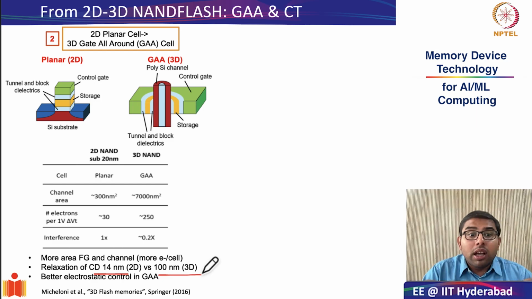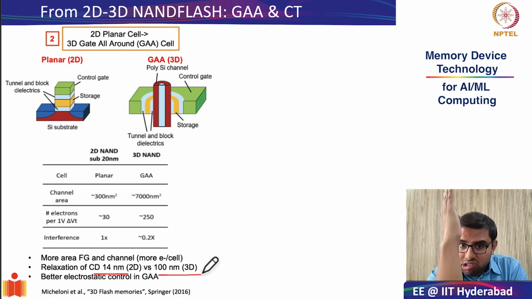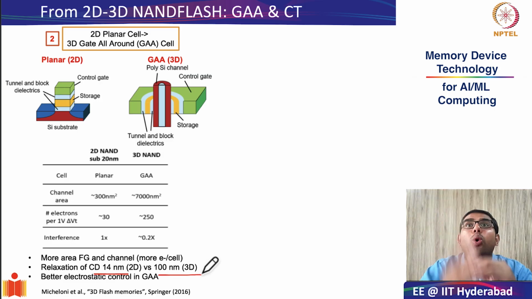This is because, see, in planar architectures you are very sensitive about the lateral area, which is the real estate. In gate all around, because you flip the string, you don't really care how big this is. It will only increase your vertical dimensions. It will not increase your lateral dimensions.